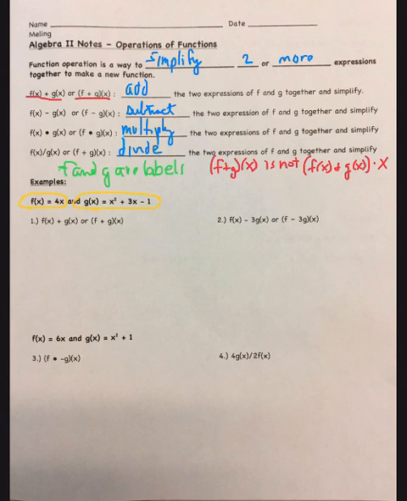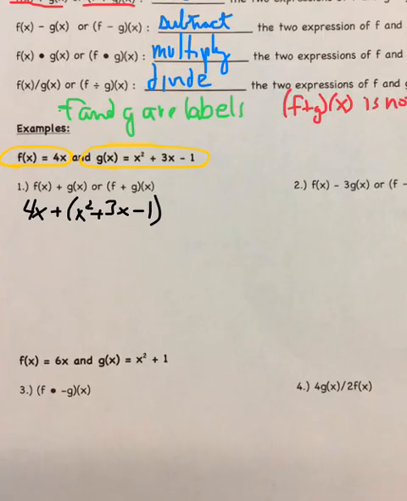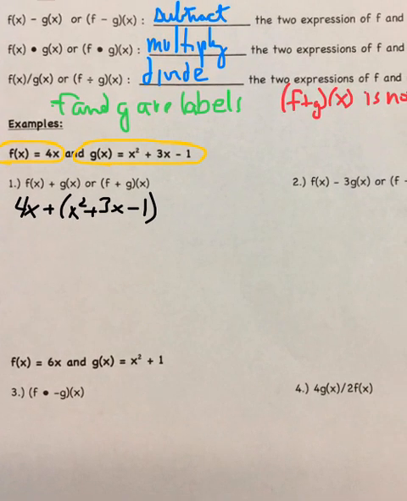So we're going to rewrite it as 4x for f of x plus g of x is x squared plus 3x minus 1. And we're just going to solve it. So we combine like terms, 4x and 3x. That makes 7x.